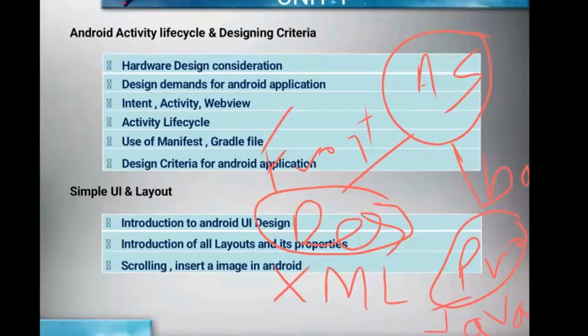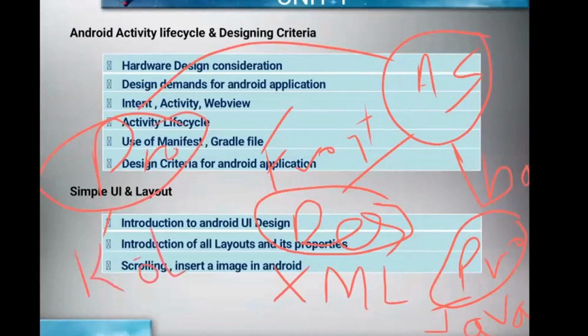Now the question is, does Android Studio only work with these languages? The answer is no. There is another programming language called Kotlin. The Kotlin programming language is also built into Android Studio, so you can run it.